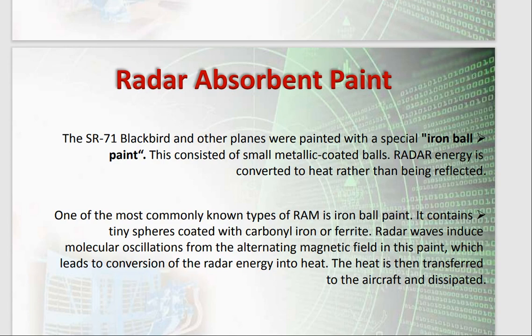This special paint absorbs the radar signal energy and converts it to heat energy in order to wipe out the radar signals. So this is the special paint designed only for the aircraft that are not meant to be detected.